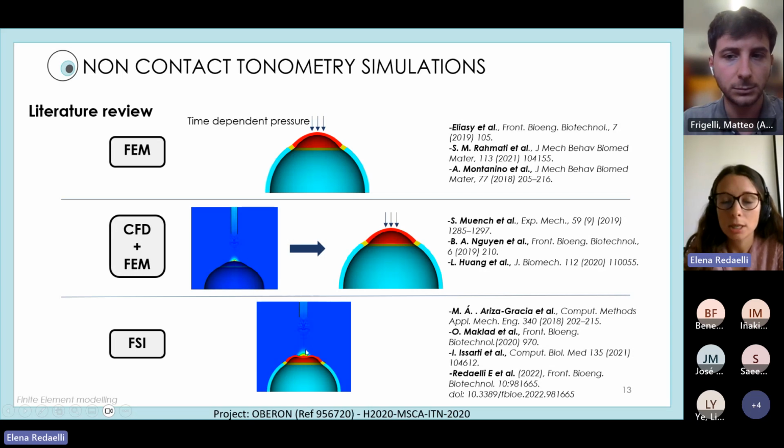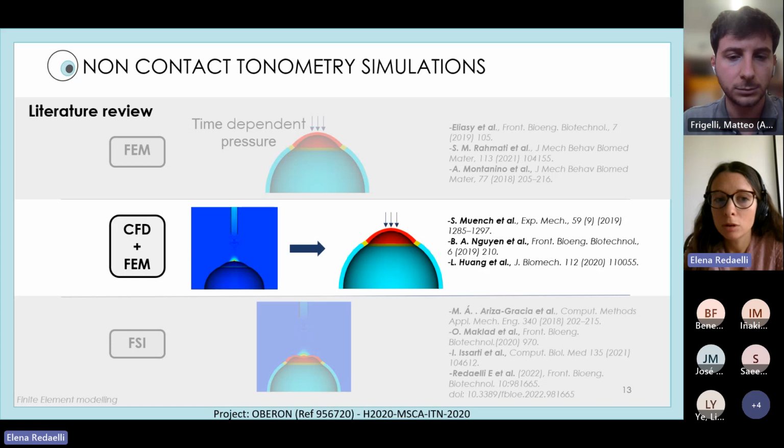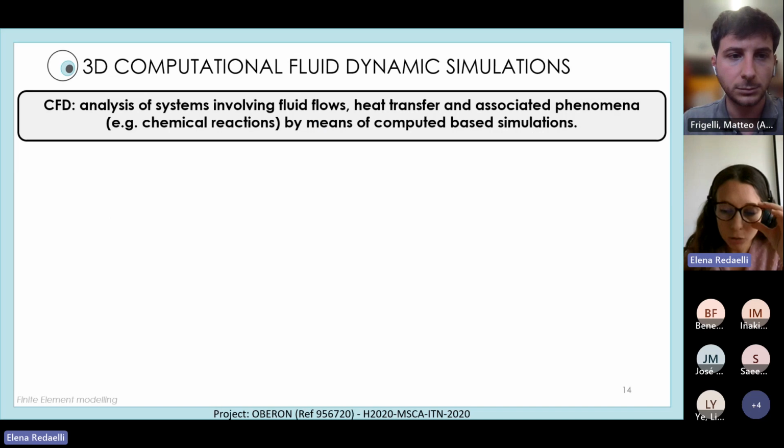So as Matteo just explained the finite element modeling, I will focus my part of the talk on computational fluid dynamics and FSI simulation. So CFD simulation is a numerical technique used to simulate and analyze the response of fluids, for example, gases and liquids.